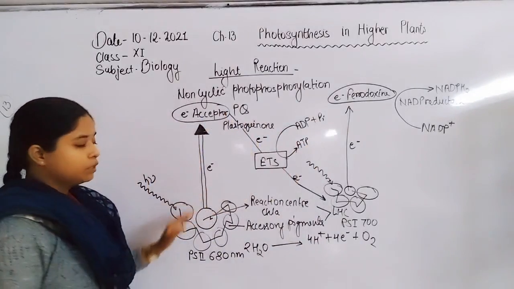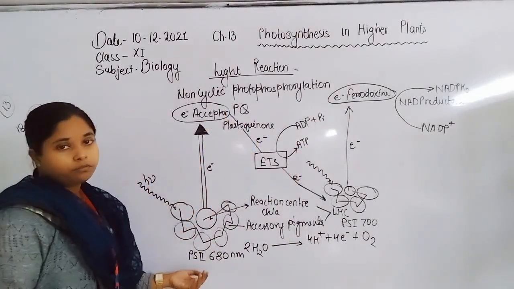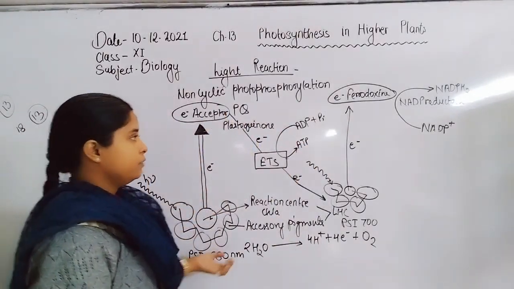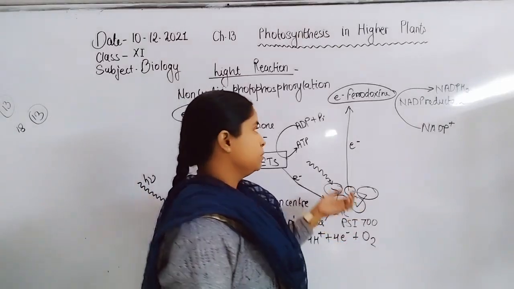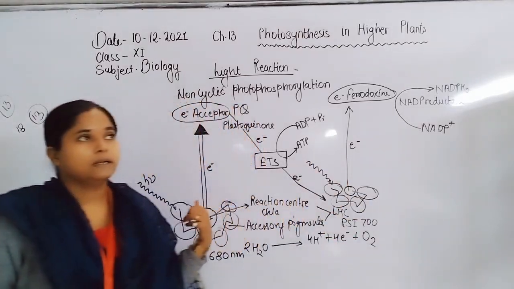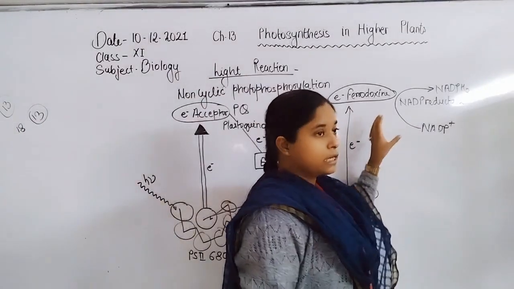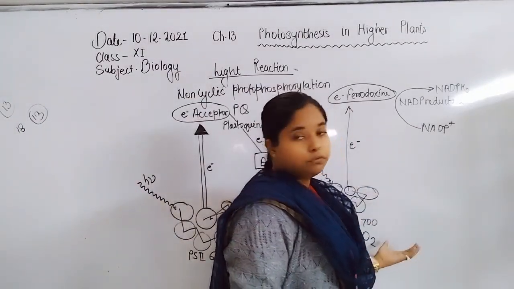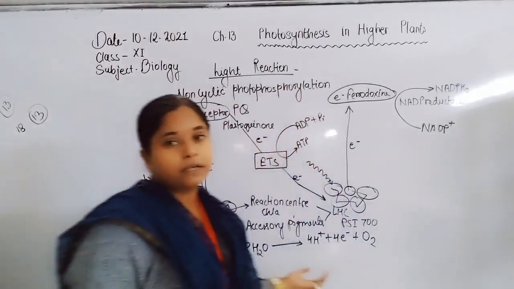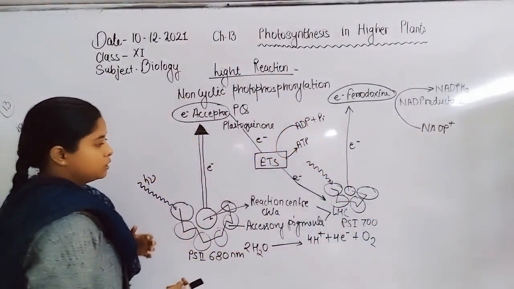The plastoquinone receives electron from photosystem II, which absorbs light of 680 nanometer, and ferredoxin accepts electron from photosystem I, which absorbs light of 700 nanometer.